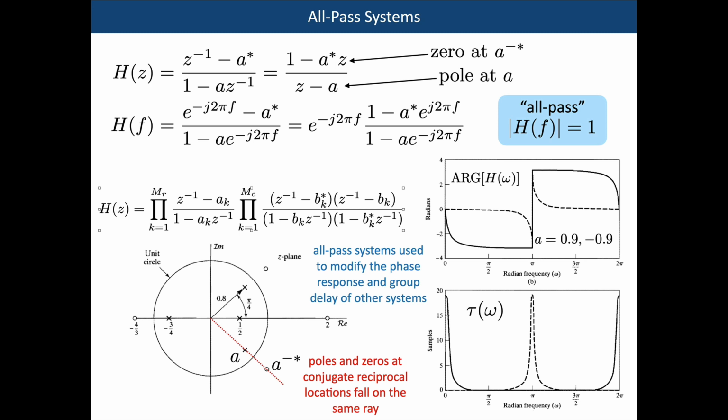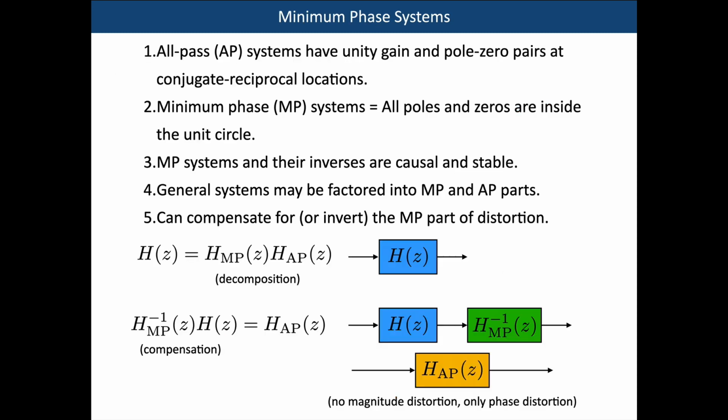We'll look at some examples of those in a few minutes, but I want to turn attention to talking briefly about minimum phase systems. If you watched the Z-transform video, I mentioned this briefly there. First, let's review a couple of principles. First of all, Allpass systems, as we've just seen, have unity gain, and the poles and zeros occur in pairs at conjugate reciprocal locations.